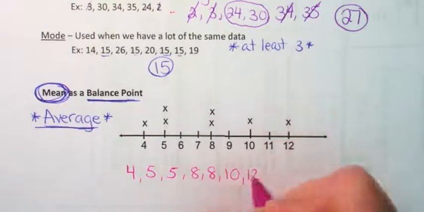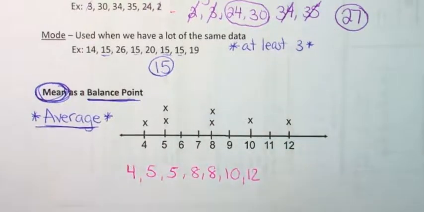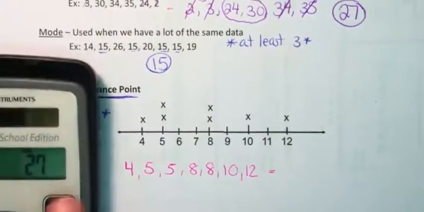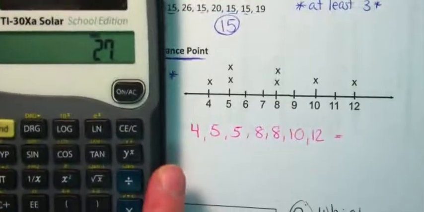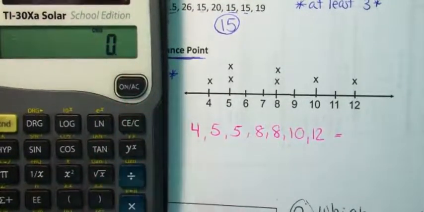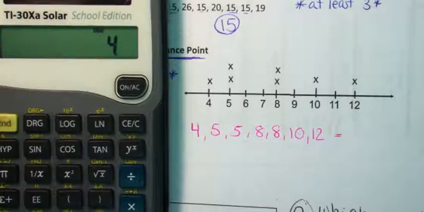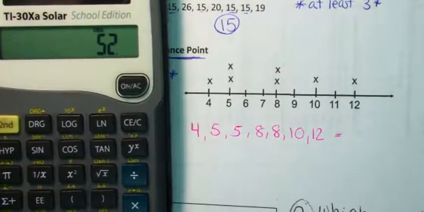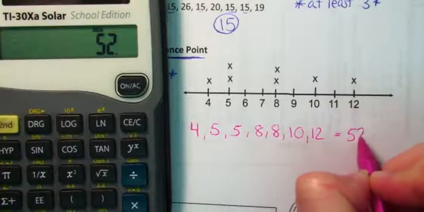So once we had our data written down, we could then find the mean our normal way. We would add these up and divide by how many of them there are. So we can go ahead and try it that way. So I'm going to do 4 plus 5 plus 5. When I added them all, I got 52.